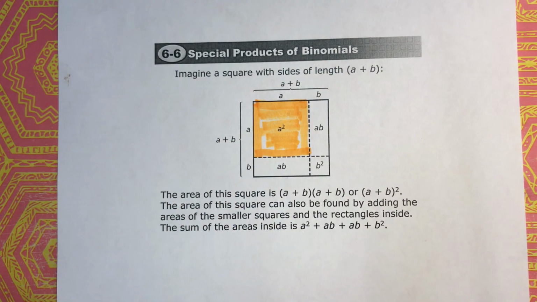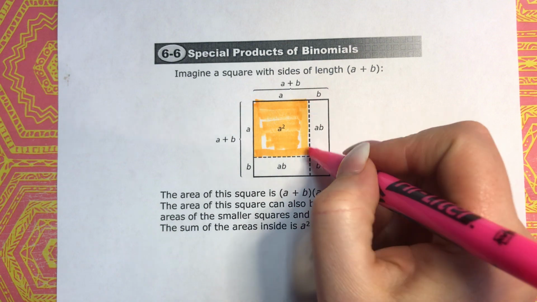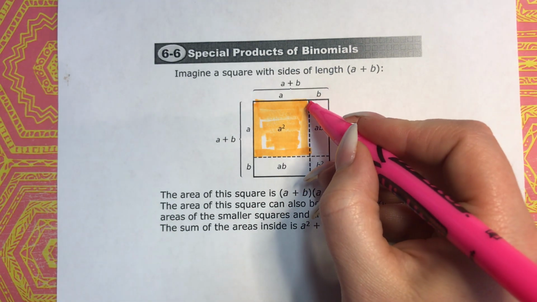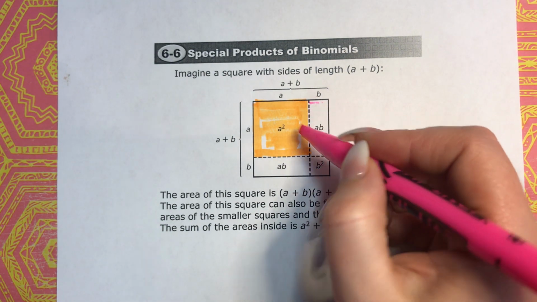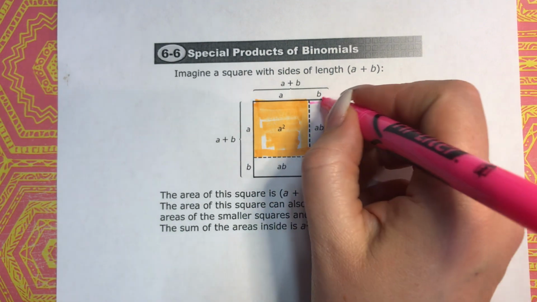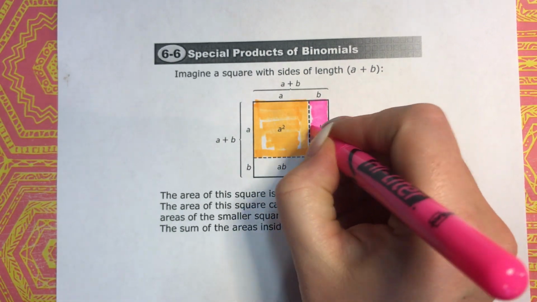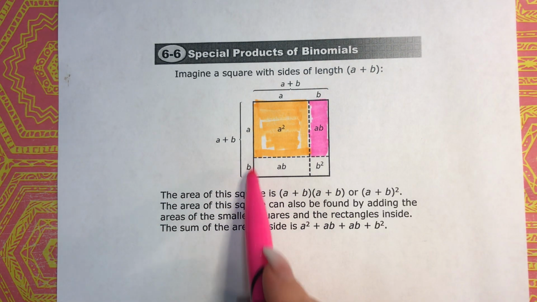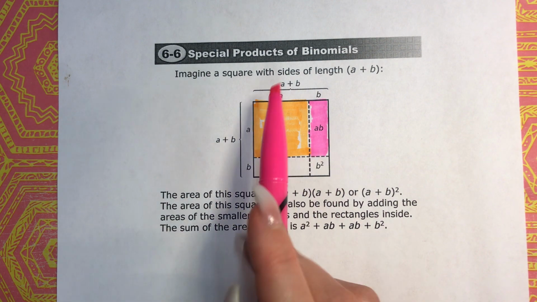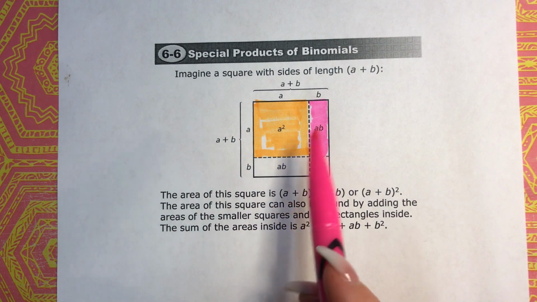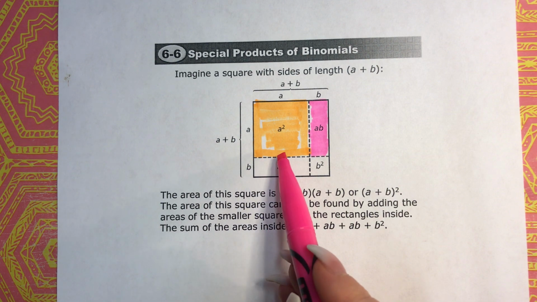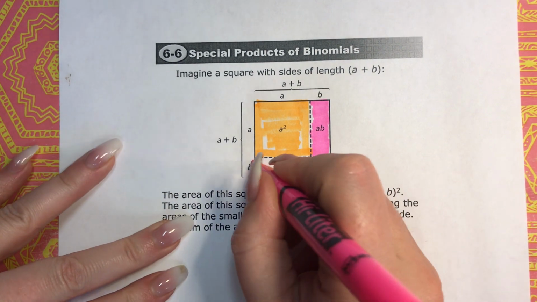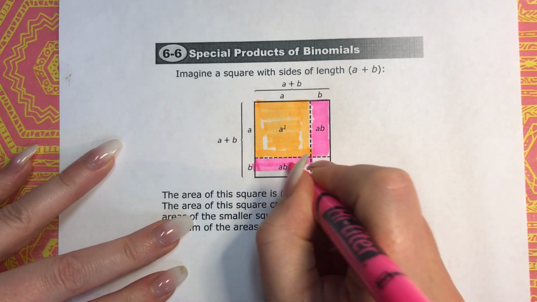Then we're going to look at this other rectangle here. This rectangle has the width of b and the length of a. So the area of this rectangle would be ab. And then we have this rectangle here, which has a width of b and a length of a, so this would be length times width, or a times b, and the area of this rectangle would be ab.